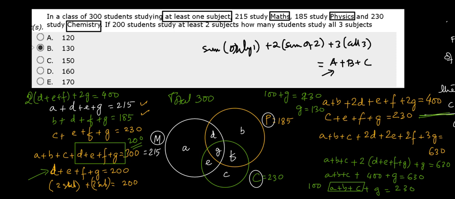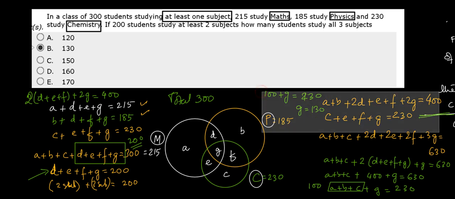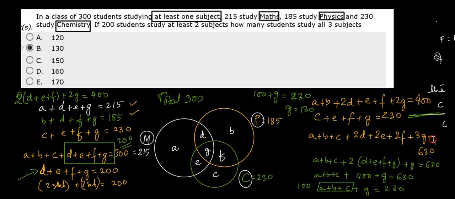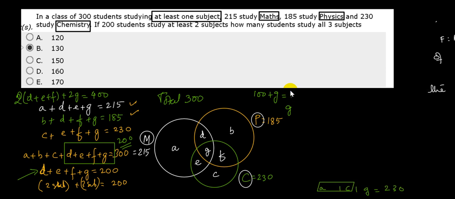Okay. So from this, see, I don't need to do all of this. I can do this in 2 steps. If I understand this logic, I will write the sum of 215, 185 and 230.